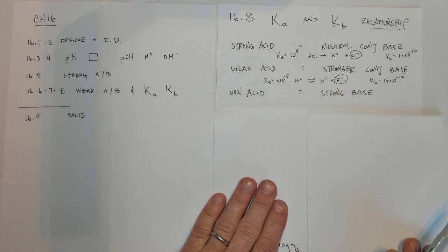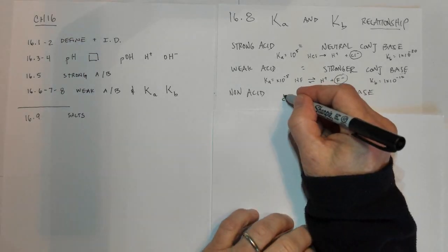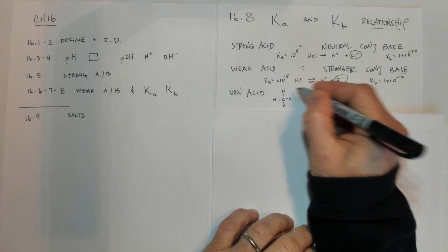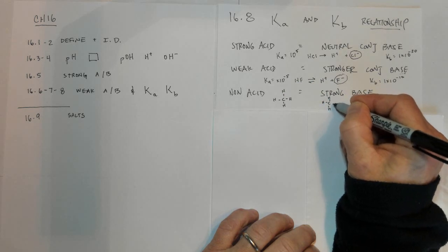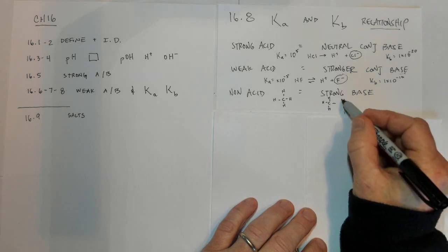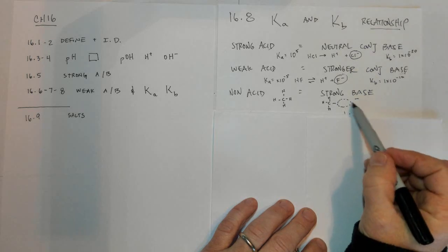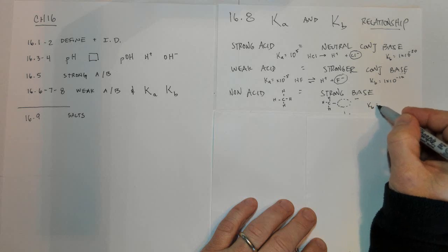If it's not an acid, then its conjugate base would actually be a super strong base. So for example, CH4 is not an acid or not a base, but if it was CH3 minus and it was missing a hydrogen right here, this would be like the strongest possible basic thing, because it would have a super affinity to want to get hydrogens, and its Kb would be off the charts.